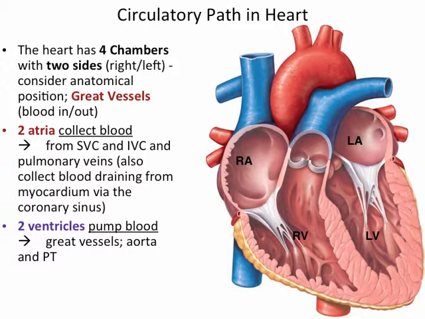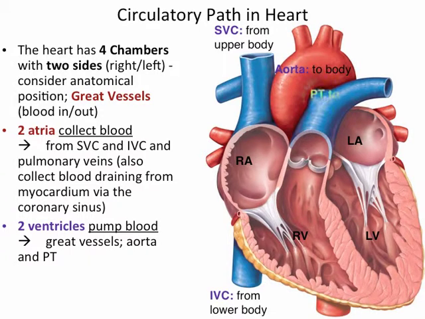And then the ventricles are the two chambers that pump the blood. The right ventricle pumps blood through the pulmonary trunk, and the left ventricle pumps blood through the aorta. And then there's the listing of the blood vessels.